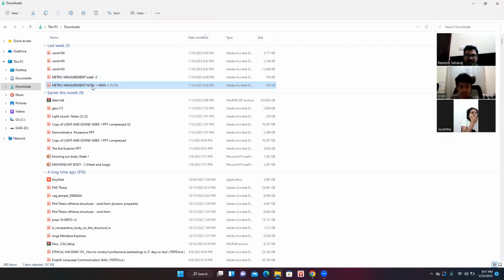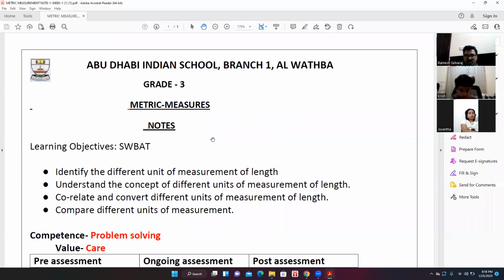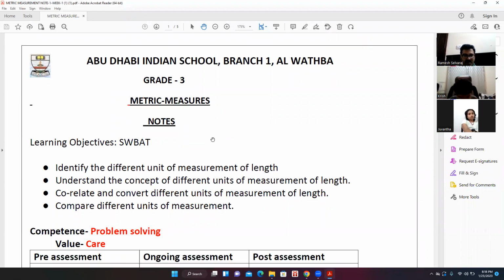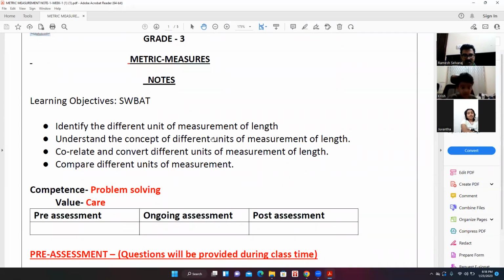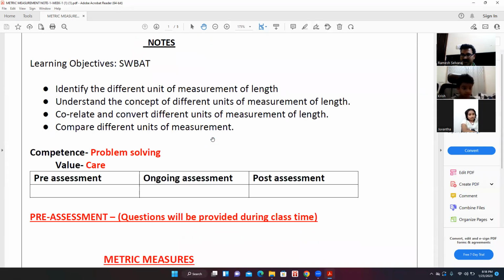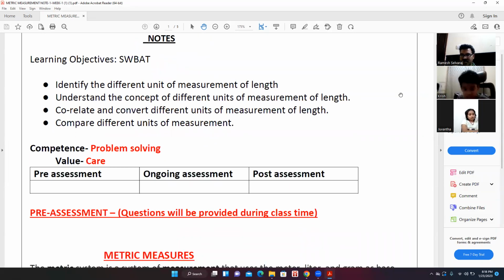Let's see today the measurement chapter. Okay. Daddy, what happened to you? I cannot see. No. Do you see the screen or no? Now I can see. Now I can see. Okay.